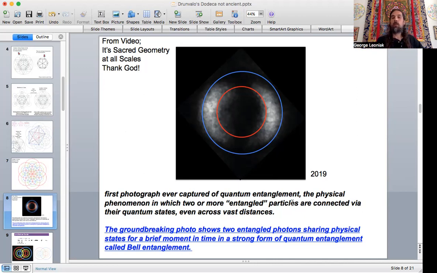This brings us into the quantum world and what Albert Einstein called spooky action at a distance, where something can happen to an electron over here, and an electron far, far away would experience that same change. How could that be? This is the first photograph that we actually had of it, in 2019, maybe taken before that date. So these are connected via their quantum states, even across vast distances.